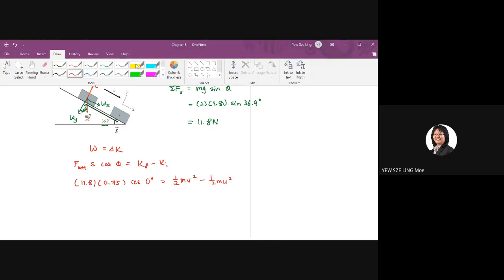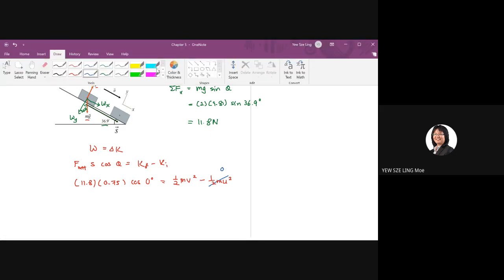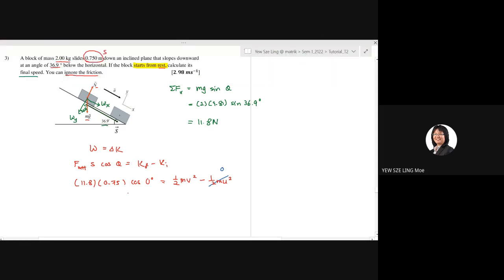Again, the question tells you your object starts from rest, so you can ignore this one, it equals 0. Therefore, by rearranging the equation, we have v equals 2.98 m s^-1.